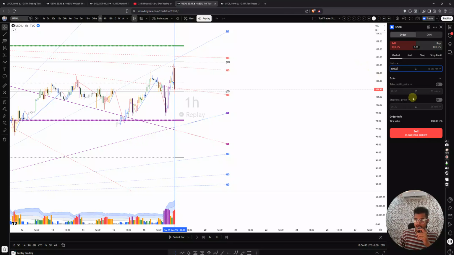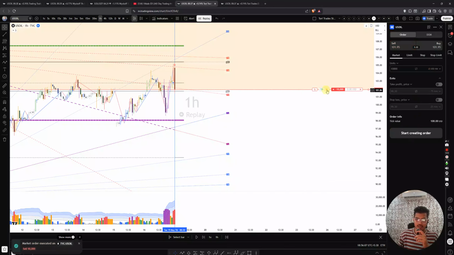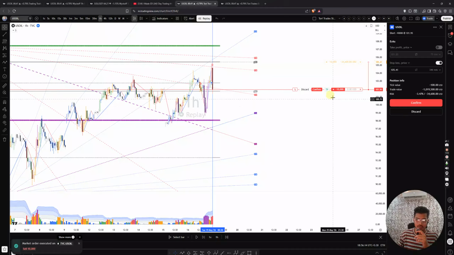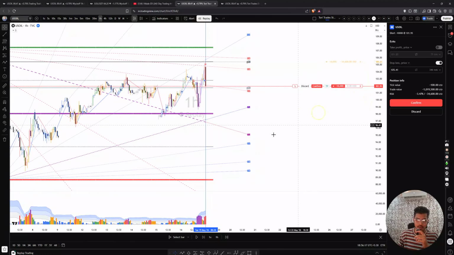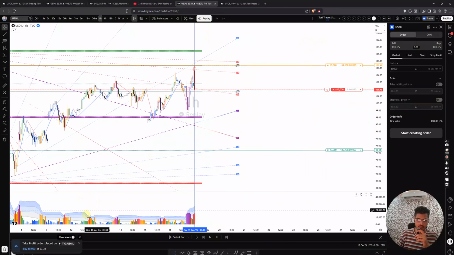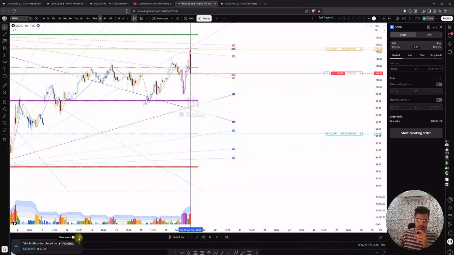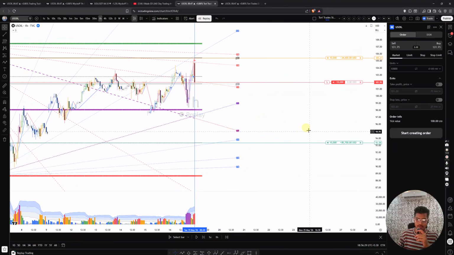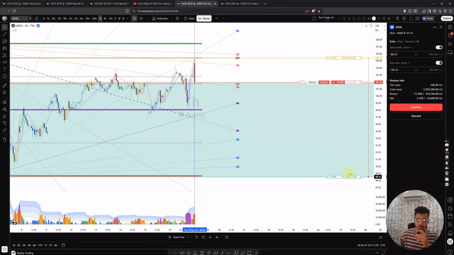Let me take 10,000 US oil contract. I'll put my stop loss above that, and my take profit will be around this. Or we can actually target the low. Okay, let's do this one.